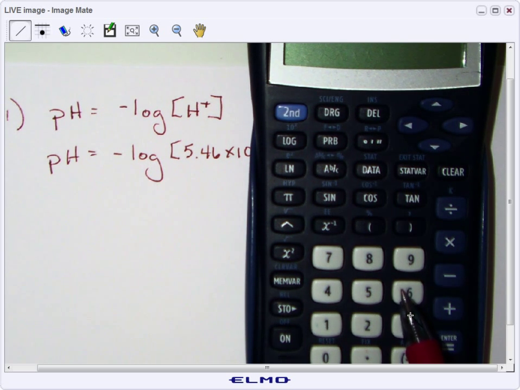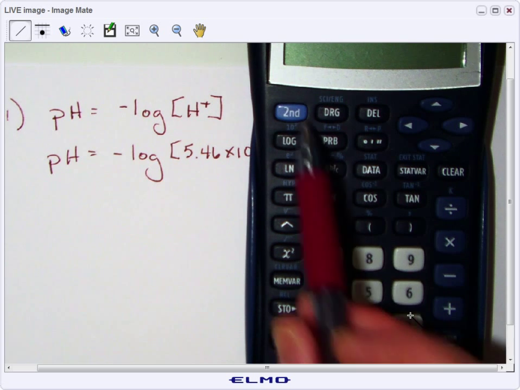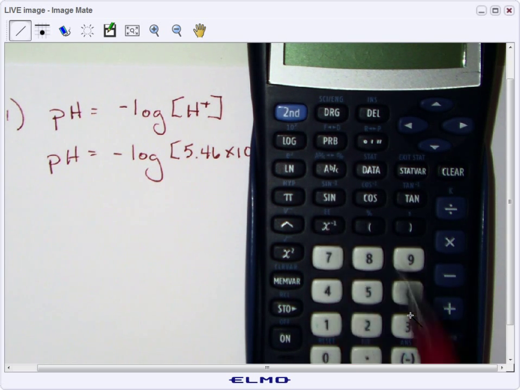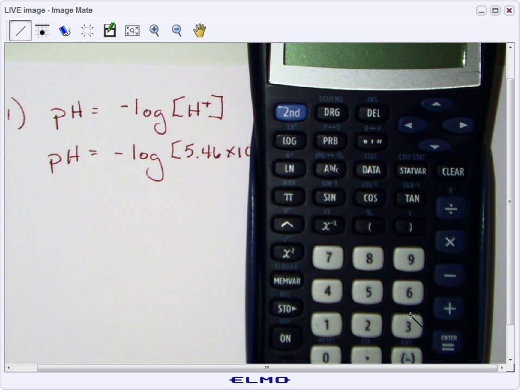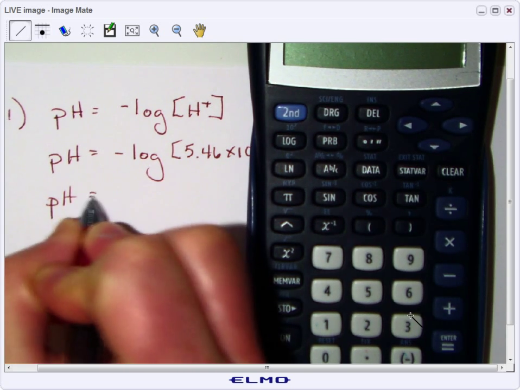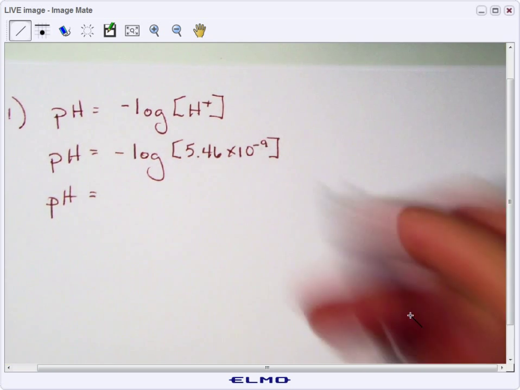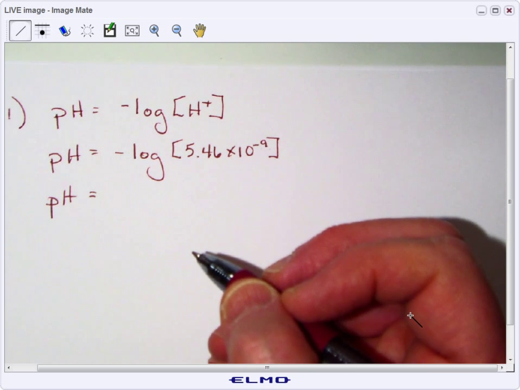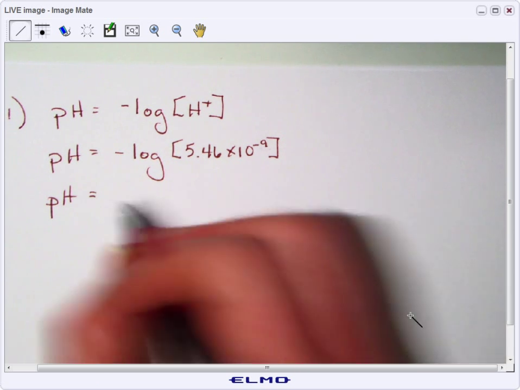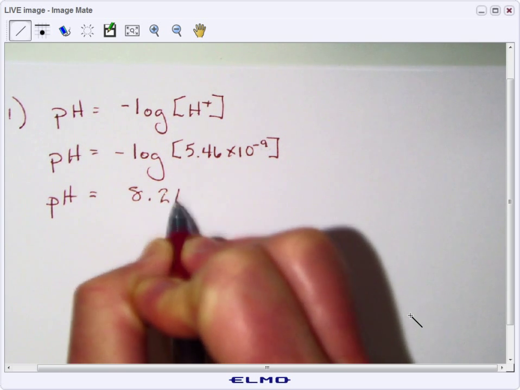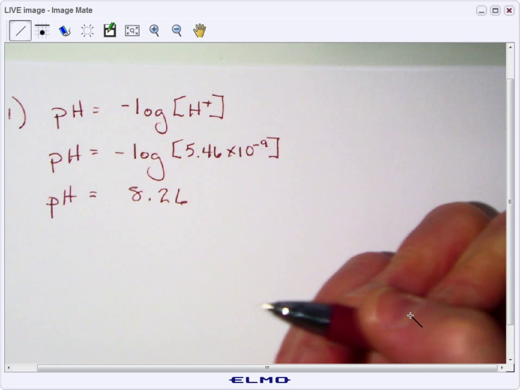And remember, we don't put in the times 10. We do second double E negative 9, and then hit the equal sign. What do we have? Say it again. 8.26.